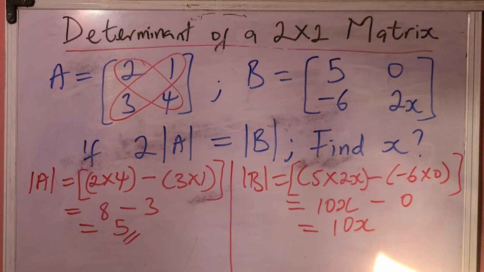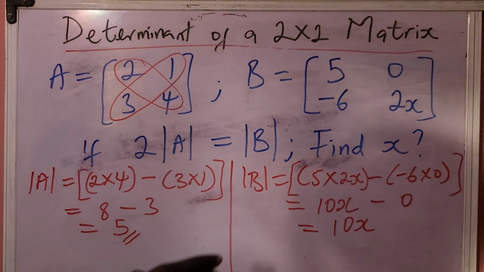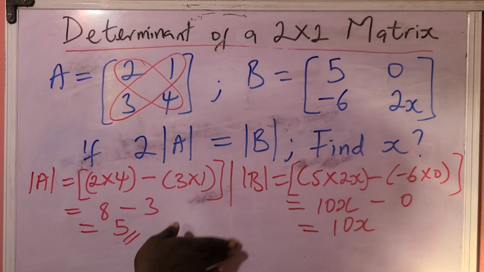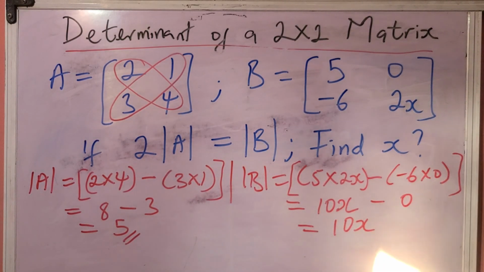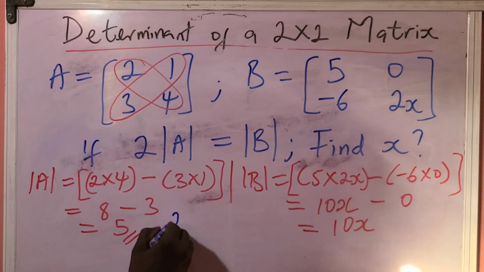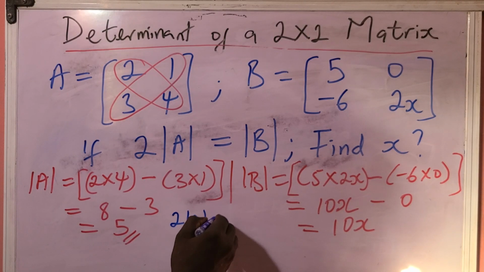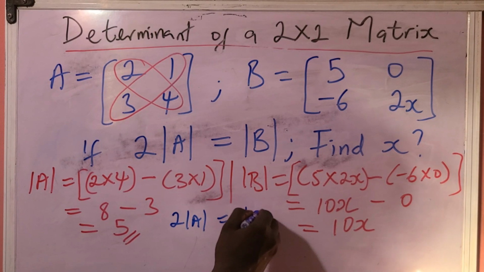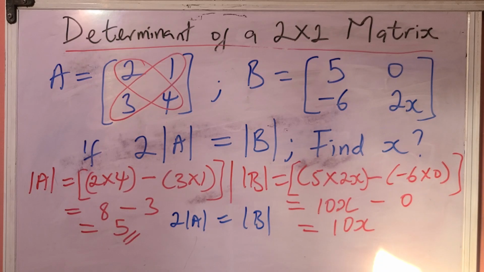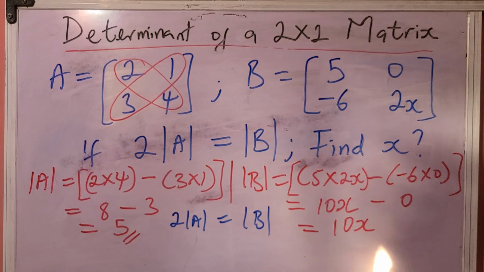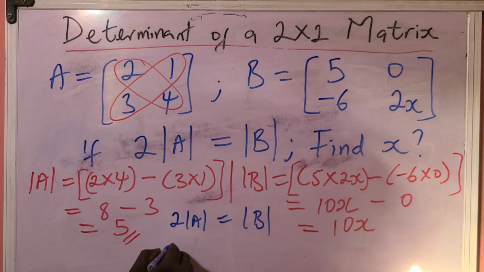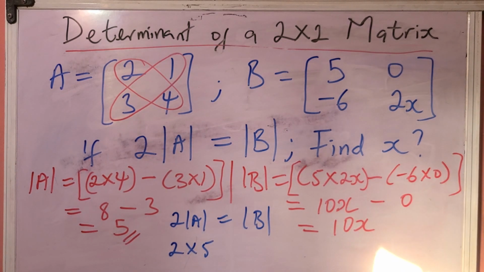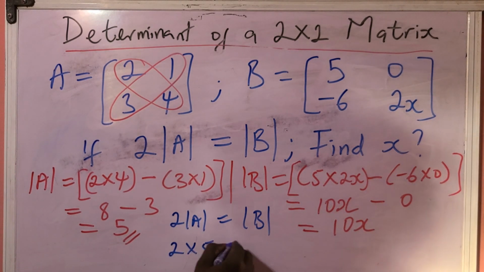Now, let's remember the condition that was set for us. And that was the fact that we have 2 determinant of A being equal to the determinant of B. So we can go on to say that 2 times 5, which is the determinant of A, is equal to 10x.